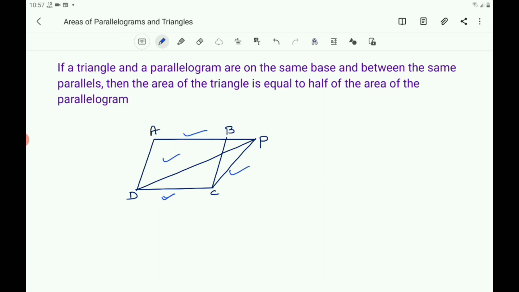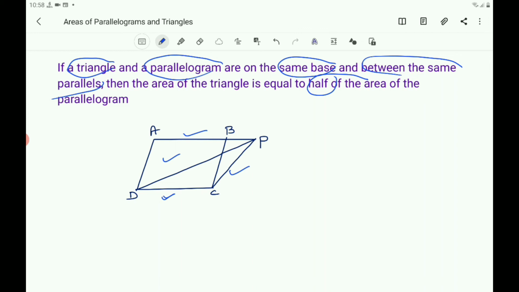That is one of the important statements that you have to keep in your mind. If a triangle and a parallelogram are on the same base and between the same parallels, then the area of the triangle is equal to half the area of the parallelogram.